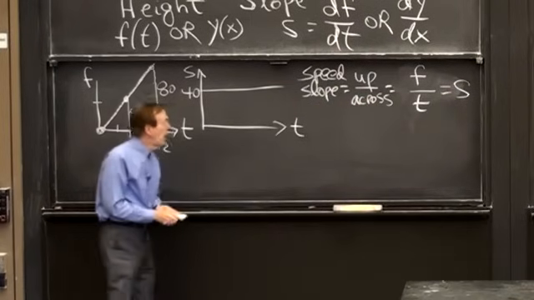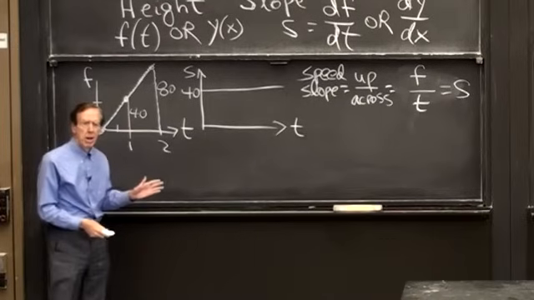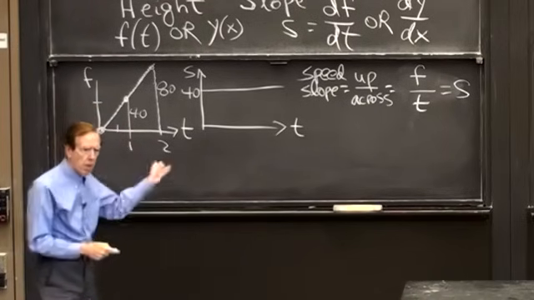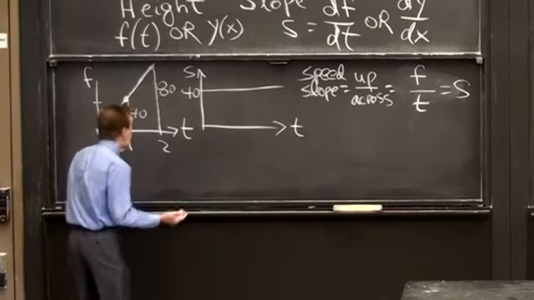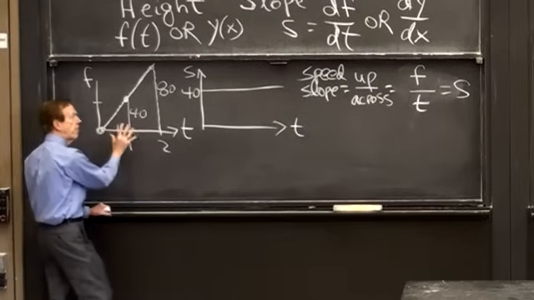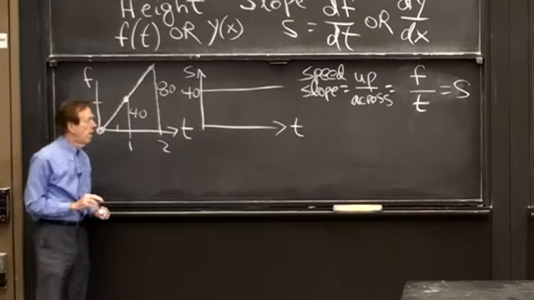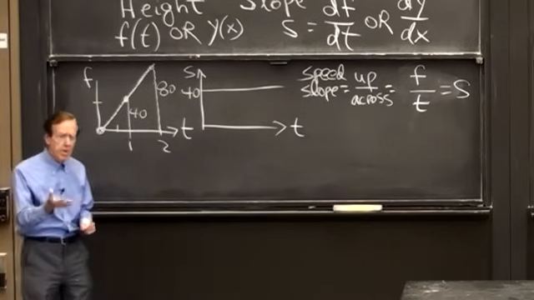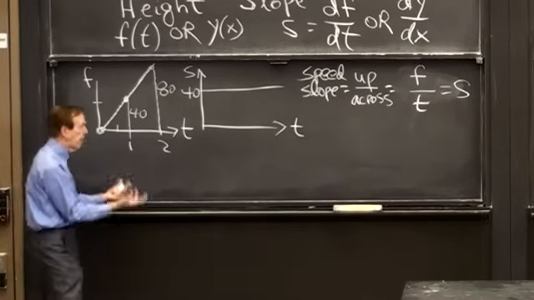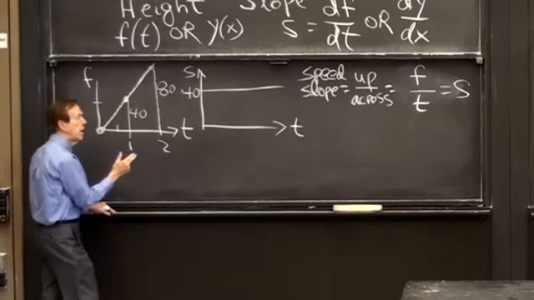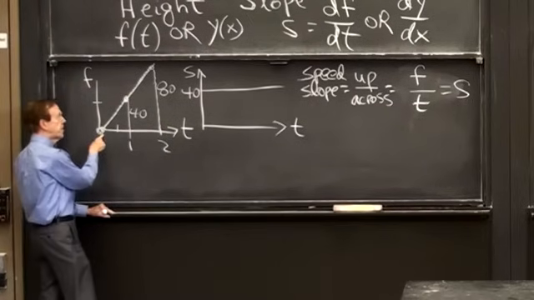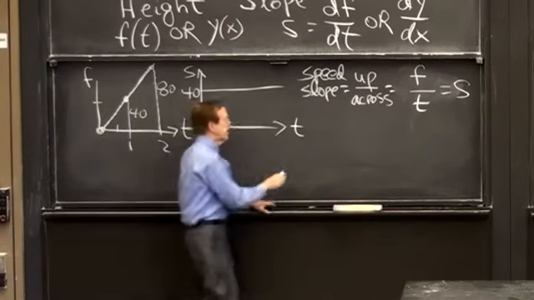Okay, what about calculus goes both ways? We can go both ways here. We already have practically. Here I went in the direction from 1 to 2. Now I want to go in the direction, suppose I know the speed, how do I recover the distance? If I know my speed is 40 and I know I started at 0, what's my distance?